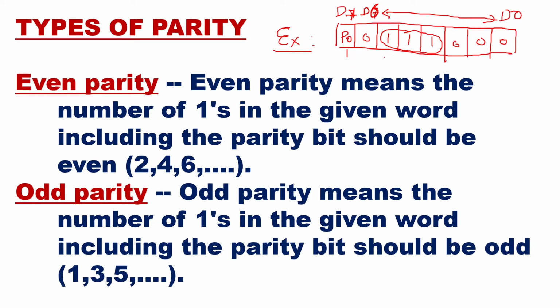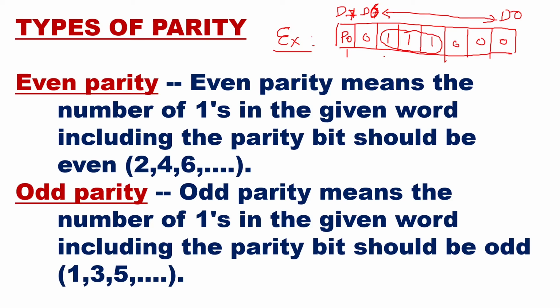So the number of logic ones in a given data will indicate whether the parity is even or odd. If the number of ones is 2, 4, 6, like that, even numbers, then it is even parity. If the number of ones is 1, 3, 5, like that, odd numbers, then it is odd parity.